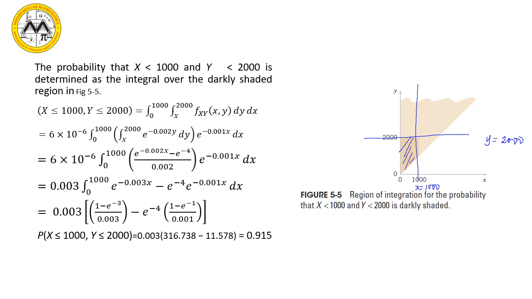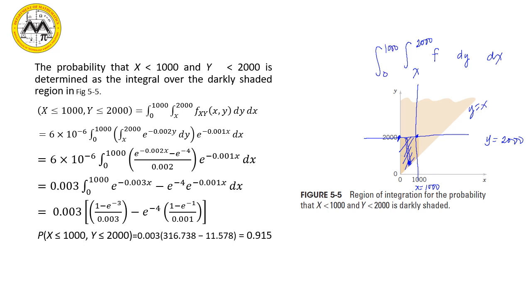So we can have the integral of f dy dx, wherein y is bounded below by the line y equals x, and it is bounded above by 2000, while x is from 0 to 1000.